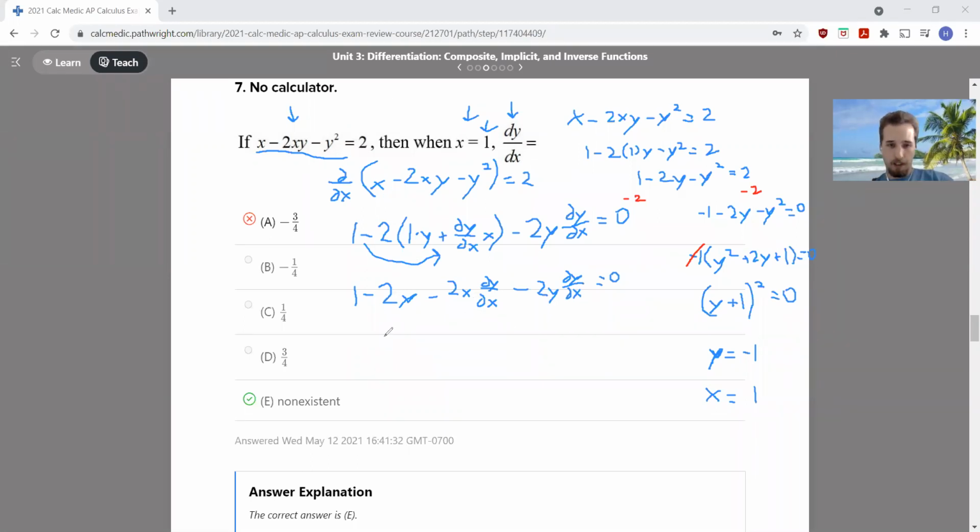So before we plug in, let's just solve for dy/dx, just to make it a bit cleaner. So you get 2y minus, I can take the dy/dx out here. And so minus, because the minus is distributed, I just get 2x plus 2y.